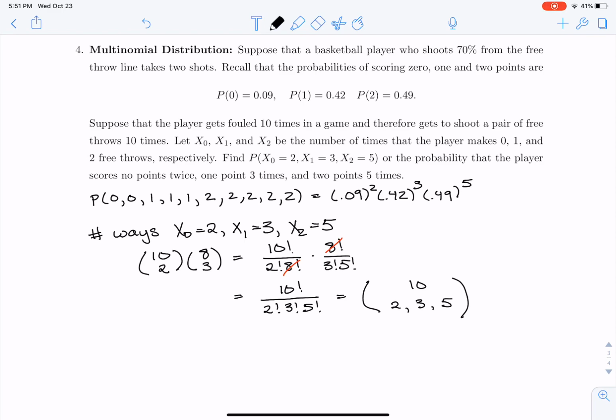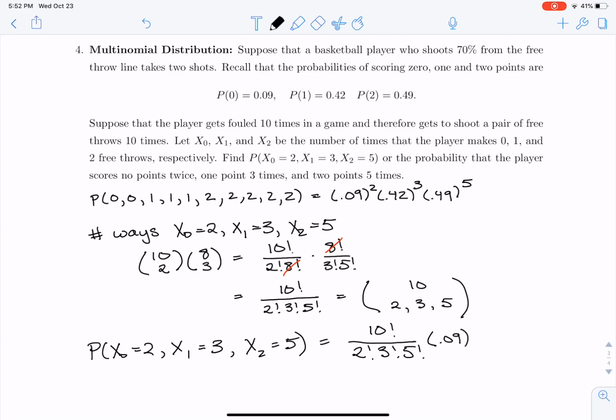So here we will say that the probability then that x0 is 2, x1 is 3, and x2 is 5 is going to equal the number of ways that the player can make 0 free throws twice, 1 free throw 3 times, and 2 free throws 5 times, times the probability of making 0 free throws twice, 1 free throw 3 times, and 2 free throws 5 times.